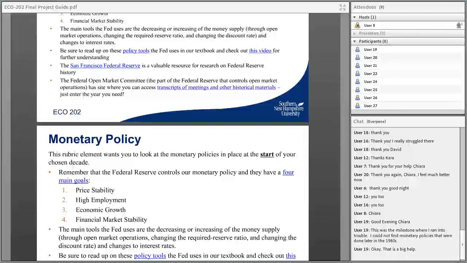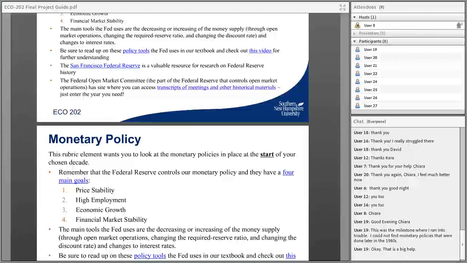So going back to the monetary policies, as I said, it's a monetary policy only if it involves a change in interest rates or a discount rate. Open market operations, so buying and selling bonds on the market to increase the money supply, and the reserve, changing the reserve requirements, which has not happened in the last couple of decades. It's very rare that they will change the reserve requirements.